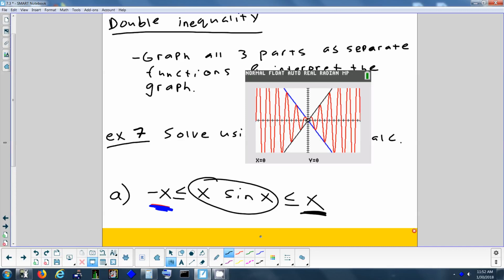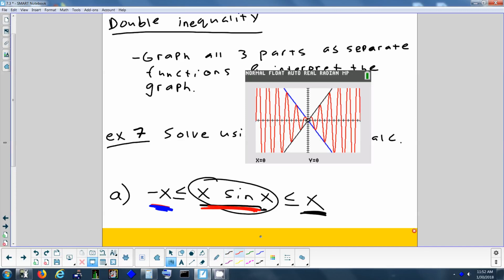Where is x sine x? That's the one in red. Where is the graph in red above the blue and below the black? From 0 to infinity. From 0 on, the graph in red is above the blue and below the black.